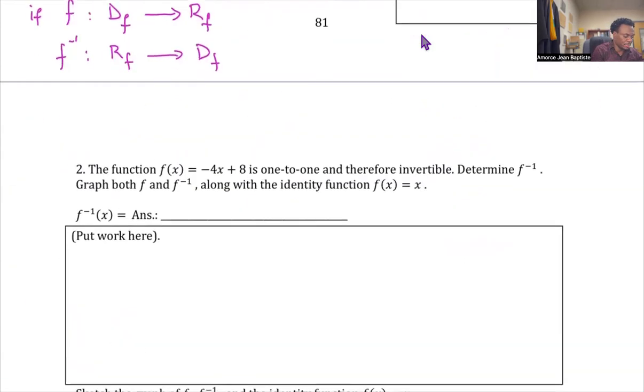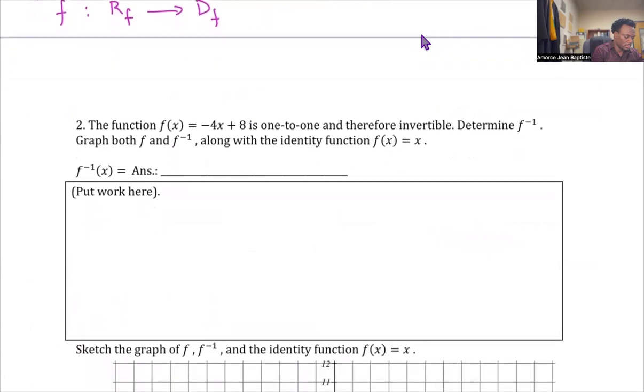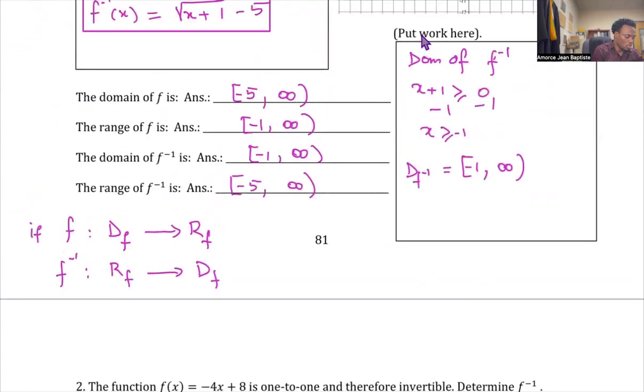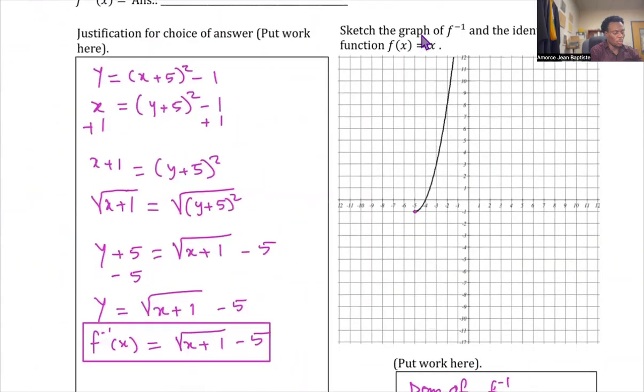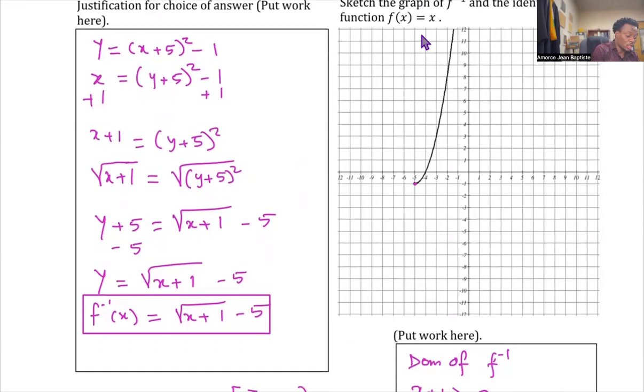Let's see another example. We are asked to graph the inverse of the function. The first thing I want to do is sketch the line f of x equals x.